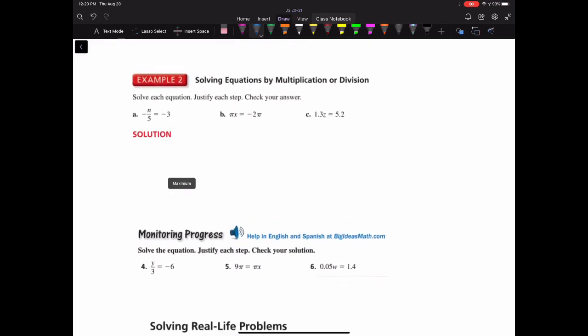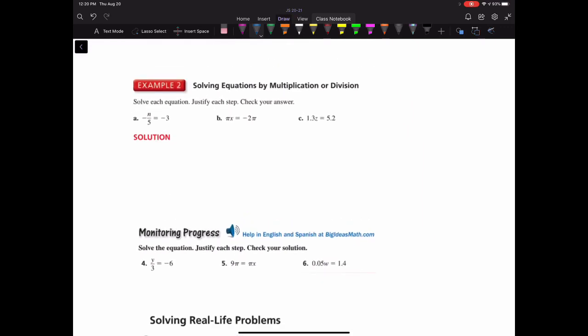All right, so here in example 2, what is our unknown? N. Now, some of us will look at this as a negative n, and some of us will look at this as a negative 5. The reality is, if I have negative n over 5, or I have n over negative 5, it's the same thing.